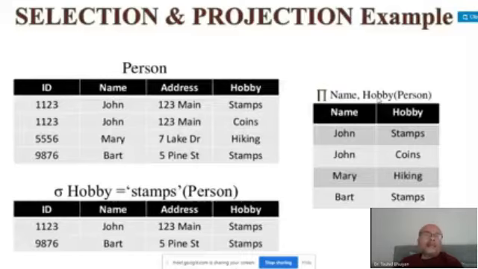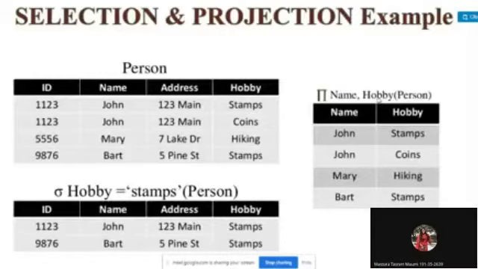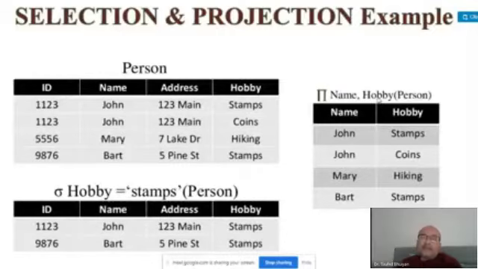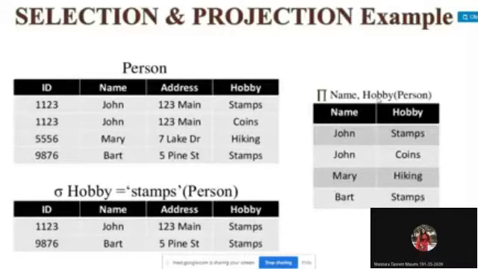There are IDs, names, address, and hobbies, 4 items. Now I write project name within the brackets person. That means find the names from the table person. So what will be the output? Sir, I can't understand your question.